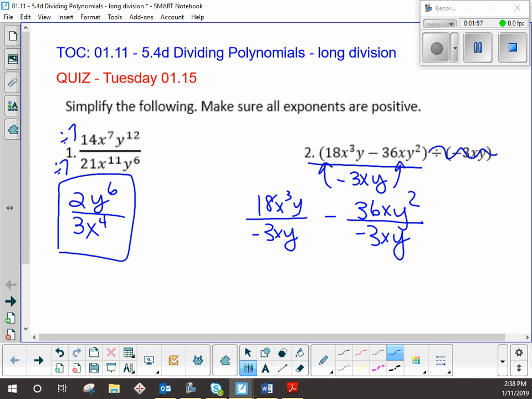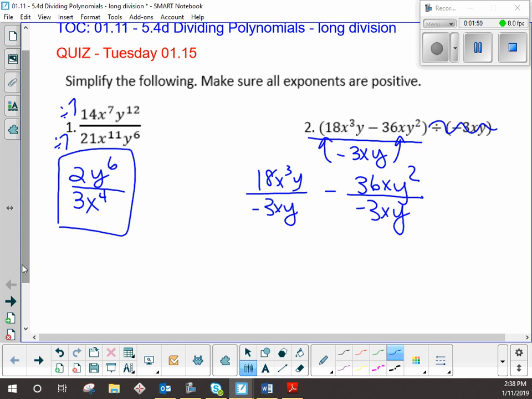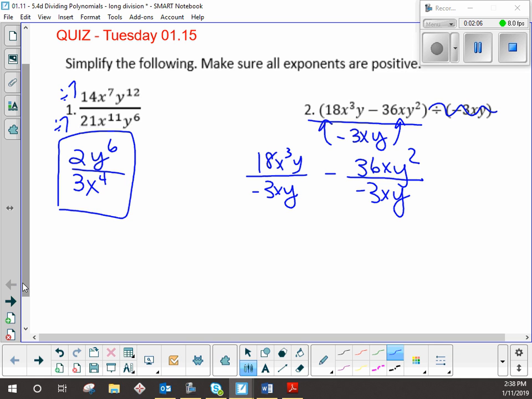So now what we have is problems just like number 1. We have 2 of them with a minus between. So it's the same skill. In this first one, I'm going to give myself a fraction bar. 18 and negative 3. 18 is bigger than 3, so my answer is going to be on top. What is 18 divided by negative 3? Negative 6. X's, there's more on top.